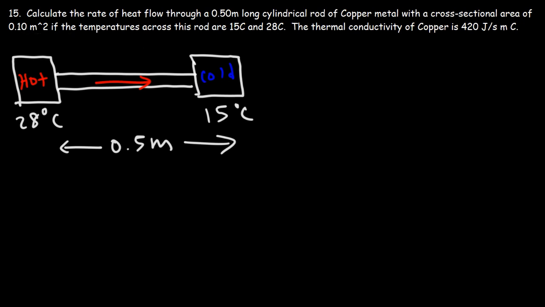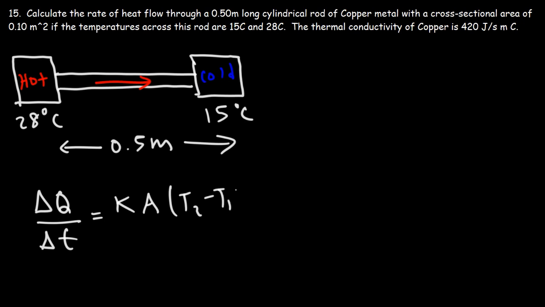How can we find the rate at which heat will flow from one end of the rod to the other? We know heat is Q, but the rate at which it flows is the change in Q divided by the change in time. That's equal to the thermal conductivity of copper times the cross-sectional area times the temperature difference divided by the length of the rod.